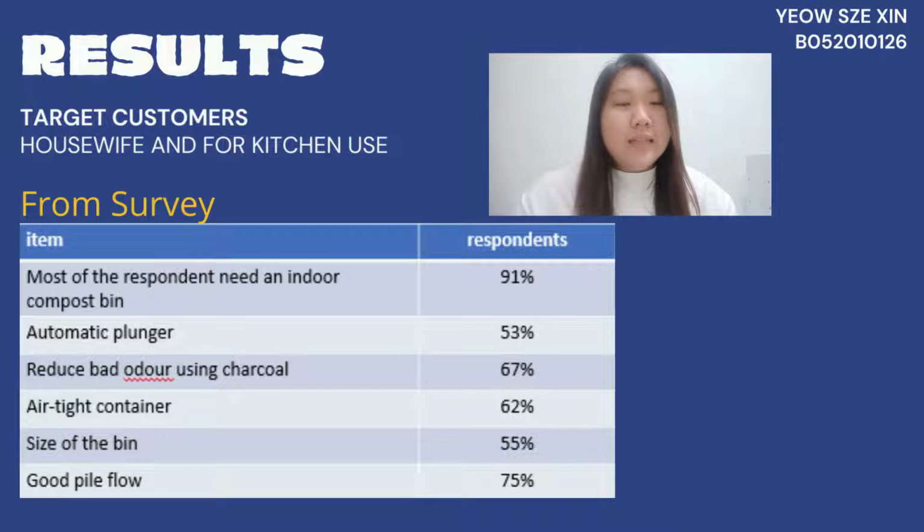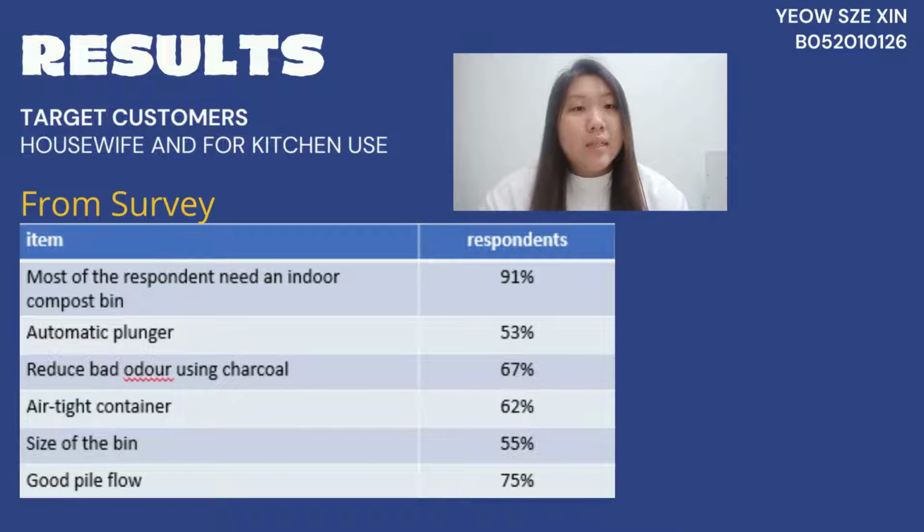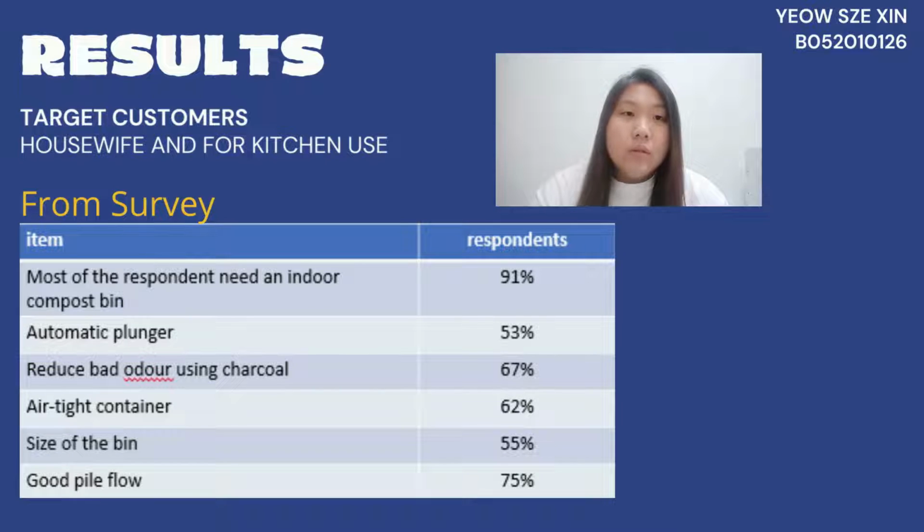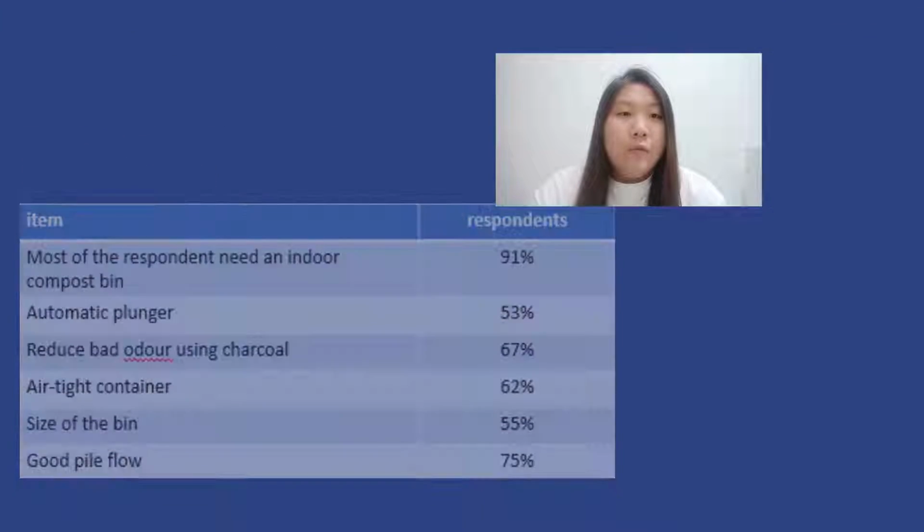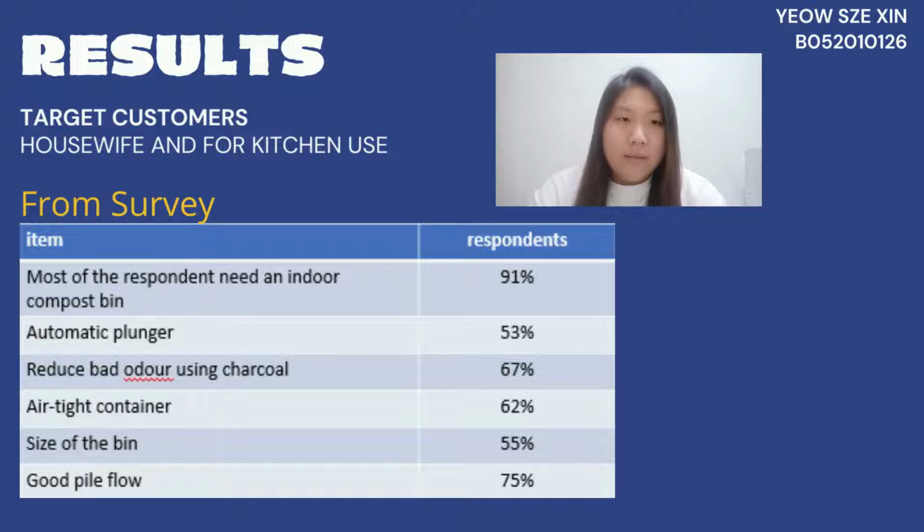Around 67% of the respondents need to reduce bad odor by using charcoal. And also 62% of the respondents need an airtight container to reduce the bad odor. And also 75% of the respondents need to have a good flow for the indoor compost bin.